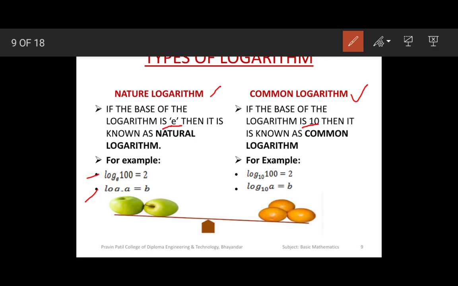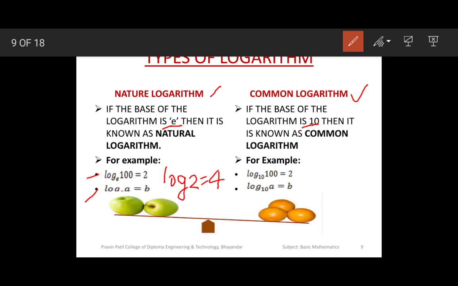Now, sometimes the base of the log is not given. For example, it is given as simply log 2 is equal to 4. Here the base is not given. If the base is not given, then we consider the base as e. Very important step: if the base of the log is not given, then by default the base of the log is e.